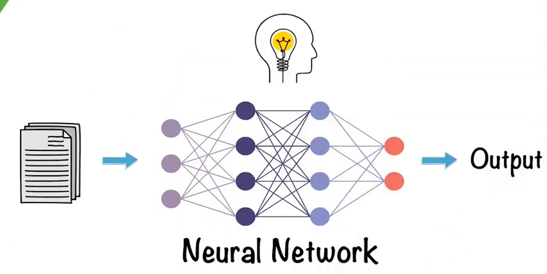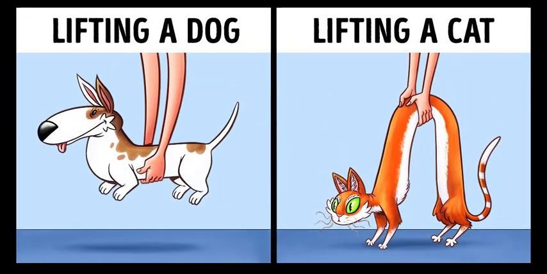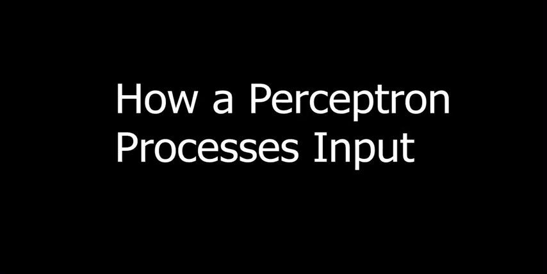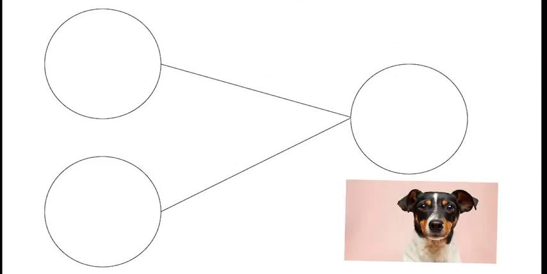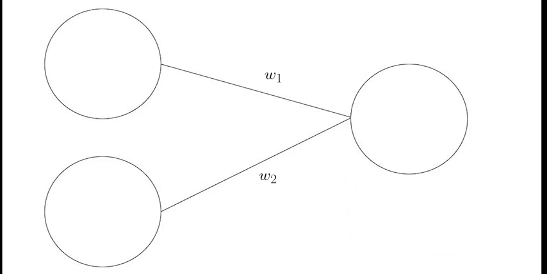By connecting these neurons, we can receive more complex inputs and produce more complex outputs, like identifying the differences between a cat and dogs. So let's take a look at how a neuron interprets this input. In order to make connections between the input, like the shape of a dog's face, weights are assigned to an input.